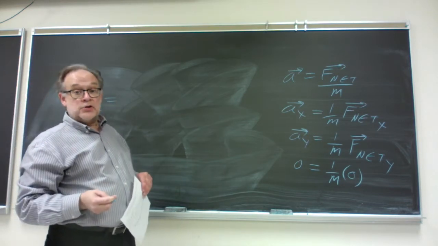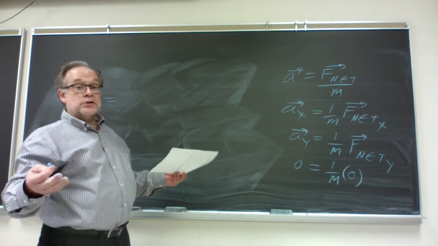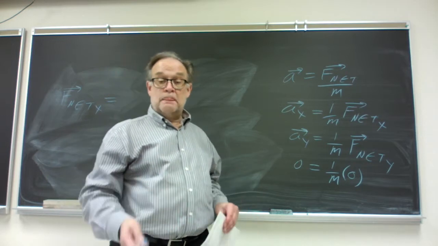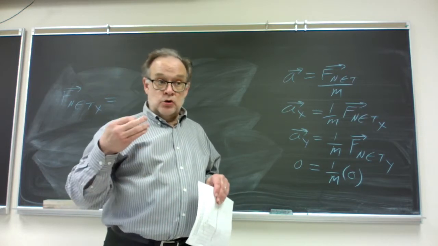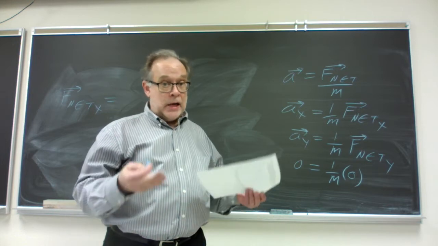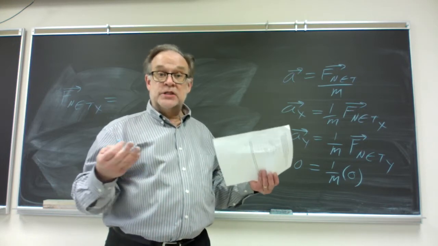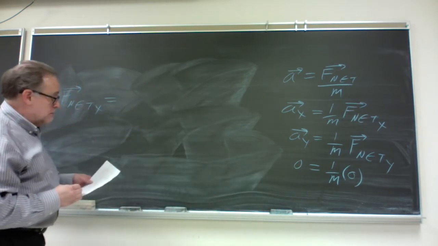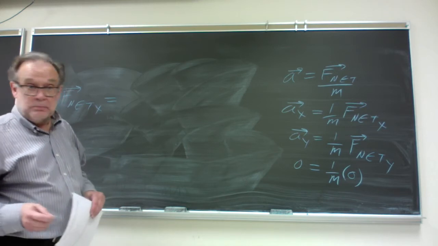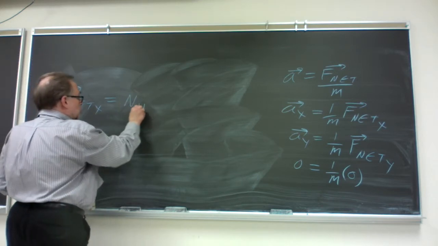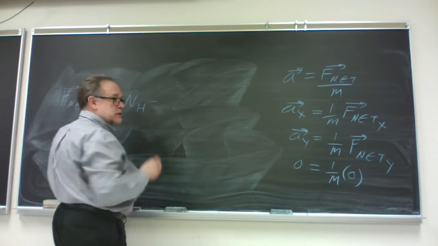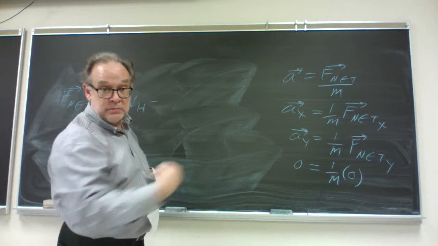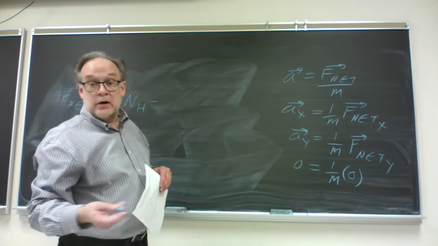Net force in the x direction, there's an easy way to write down the algebraic expression that shows how the forces combine. All you have to do is remember, add all the forces in the positive direction and subtract all the forces in the negative direction. So in this case, in the positive direction, you've got the normal force from my hands, minus, because it's in the opposite direction, in the negative x direction to the left, kinetic friction.